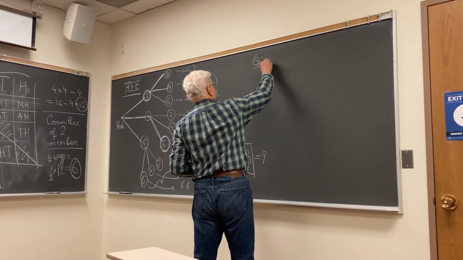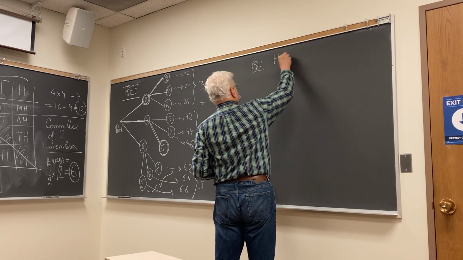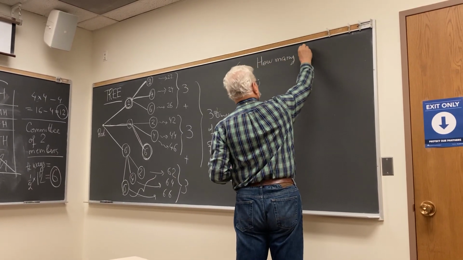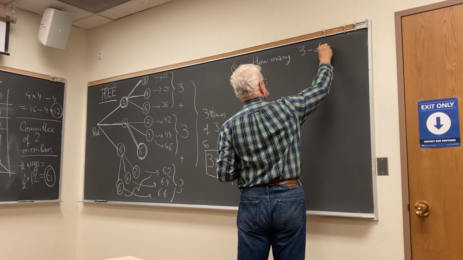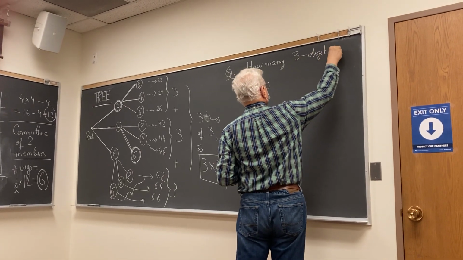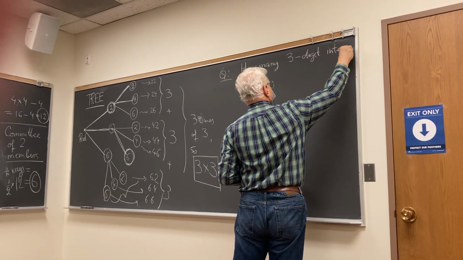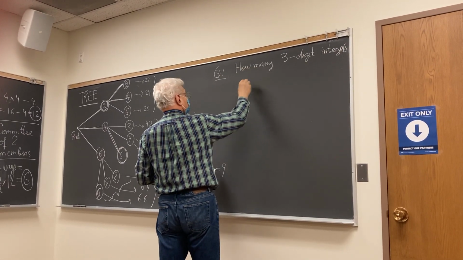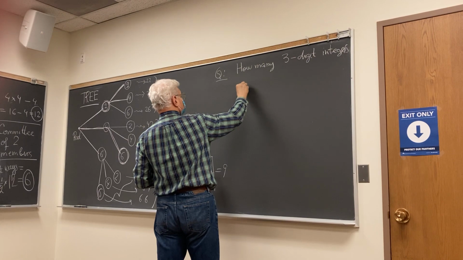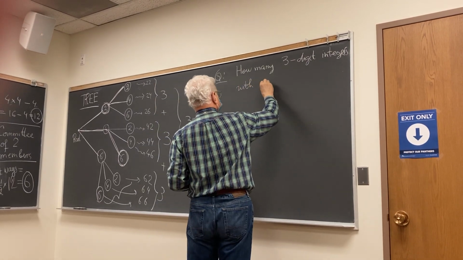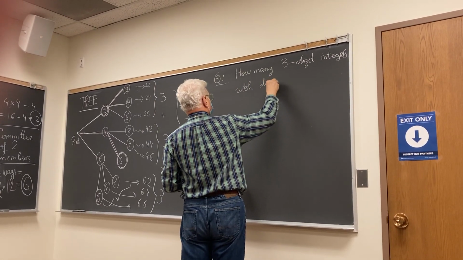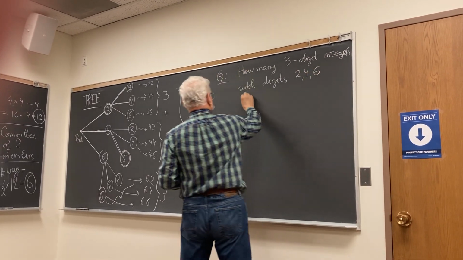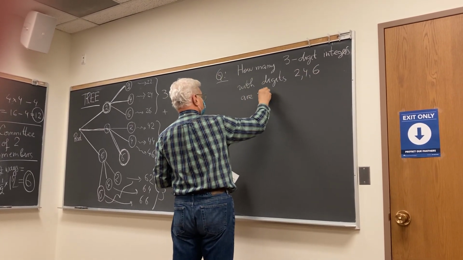Okay, this is a different problem. Next question. How many 3-digit integers with the digits 2, 4, 6 are there.